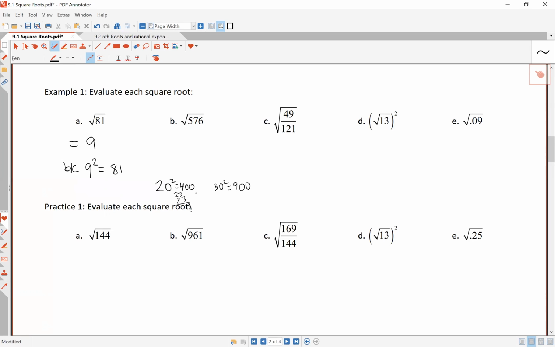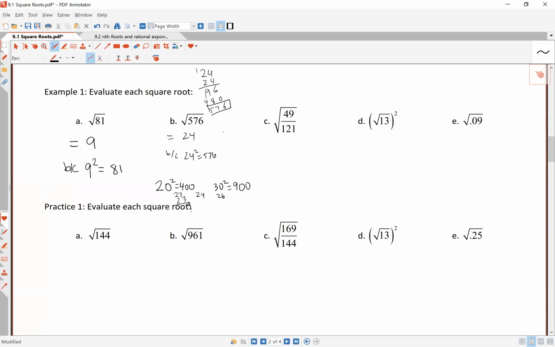So it's got to be either 24, 25, or 26. So I'm going to try 24. And there it is, 576. So this equals 24 because 24 squared is 576.